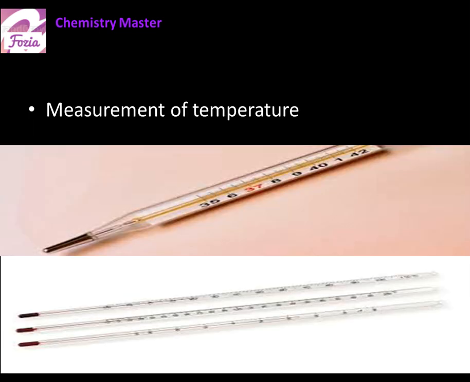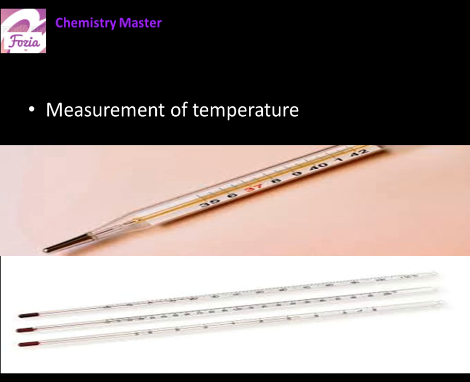Now when it comes to measurement, normally we practice temperature measurement at homes using this mercury filled thermometer, which is also called a clinical thermometer. Later on, scientists got to know that mercury is not a safe substance to handle, because it is carcinogenic and cancer causing.